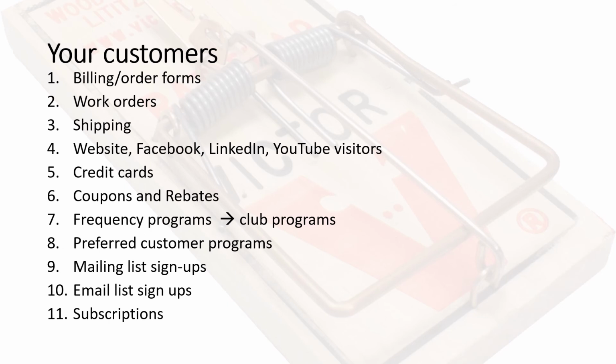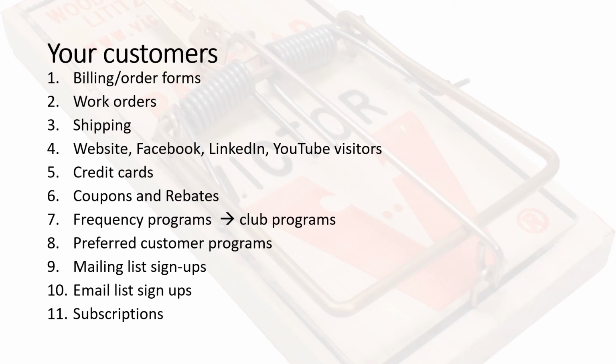For your own customers, you might get billing or order forms, or work orders, or shipping label information, or website, Facebook, LinkedIn, or YouTube visitors. Or you might get names from credit card purchases. You might get that by people redeeming coupons and rebates and having to, in some fashion or form, provide you with information when they do that.